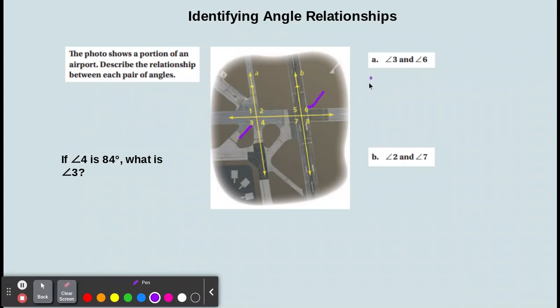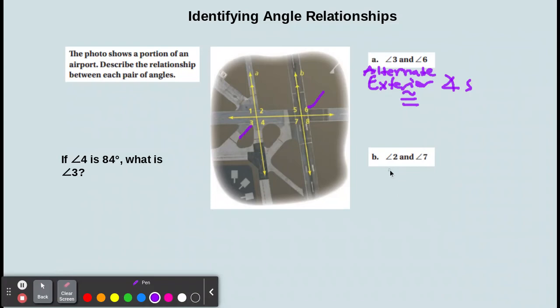They are exterior angles, and they are also on opposite sides of the transversal, so they are alternate exterior angles. And being alternate exterior angles, we know then that they are congruent.